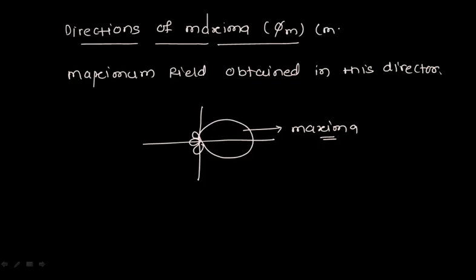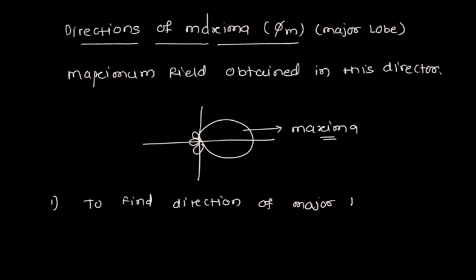So if you are talking about the major lobe maxima, I'll just find out where I'll get this one. To find the direction of major lobe maxima, which will be called as phi m. So I can say the major lobe maxima occurs when the denominator of the equation will be 0.